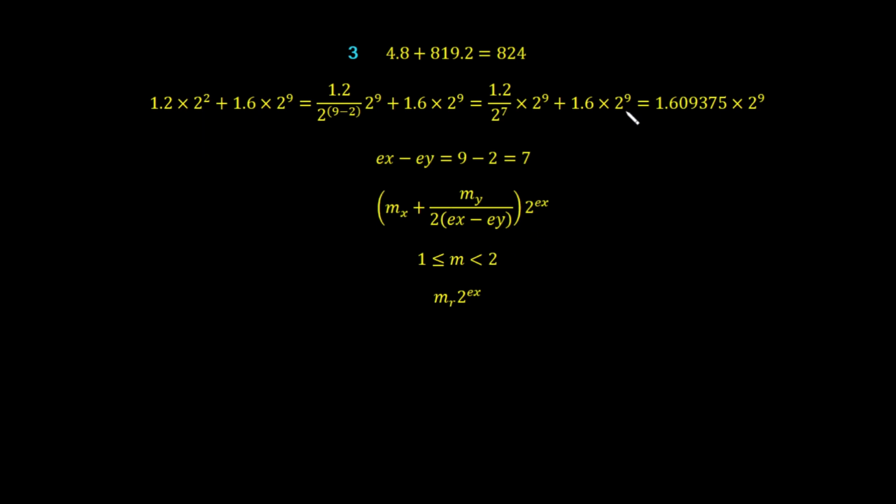And in this example, you'll notice that the final answer has a mantissa value which is greater than or equal to 1 and less than 2. So it means that there's no normalisation required in this particular example. We're going to have the final result, MR, and it's going to be times 2 to the EX.